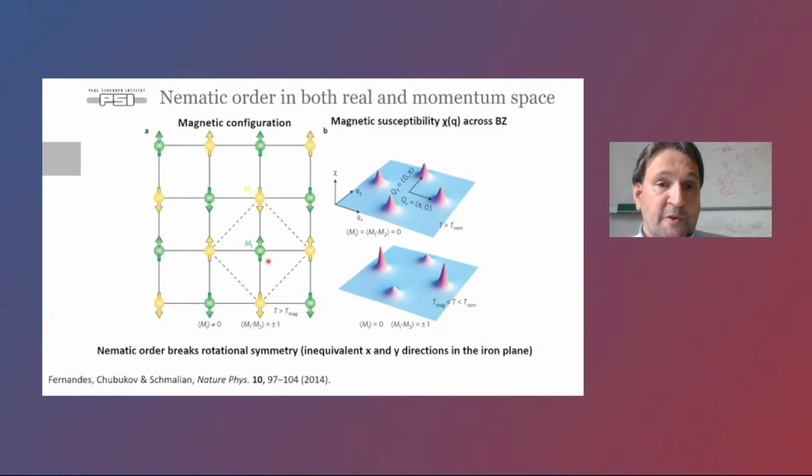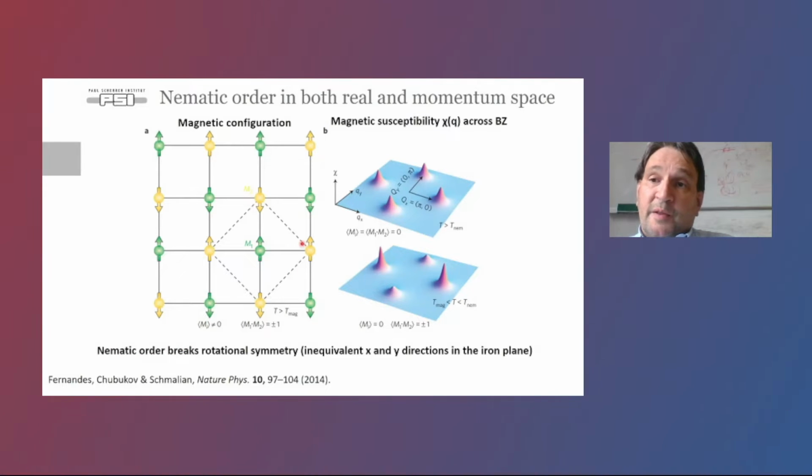So what you have there in essence is a breaking of the rotational symmetry. That means an inequivalence of the X and Y directions in the iron plane. And this is in principle the definition of what nematic order is.